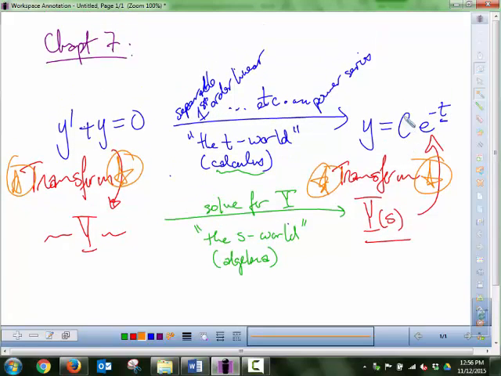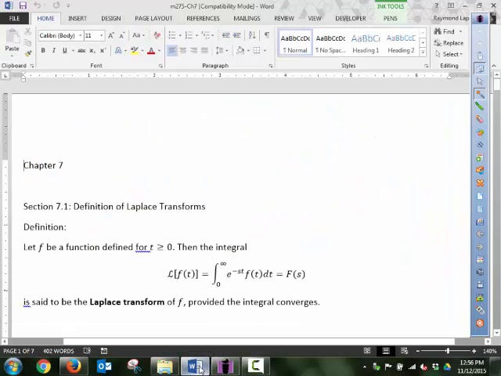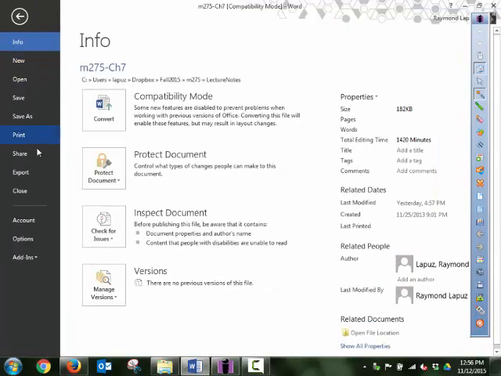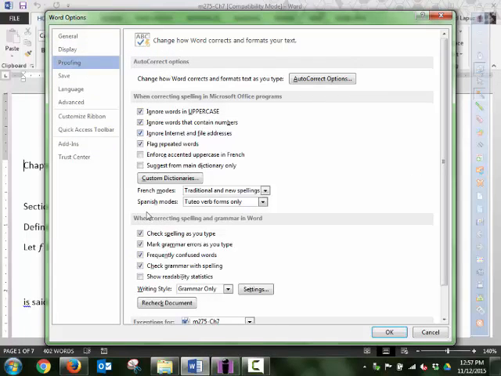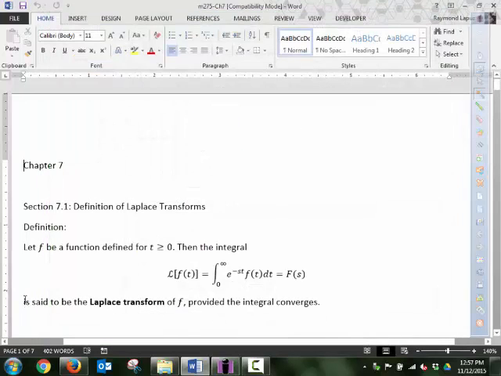All right, let's take a look at the definition of a Laplace transform. I have to undo the proofing here so I don't have the little things underlined. So here's our first definition.